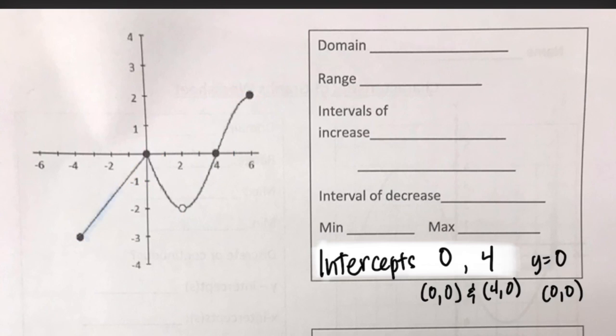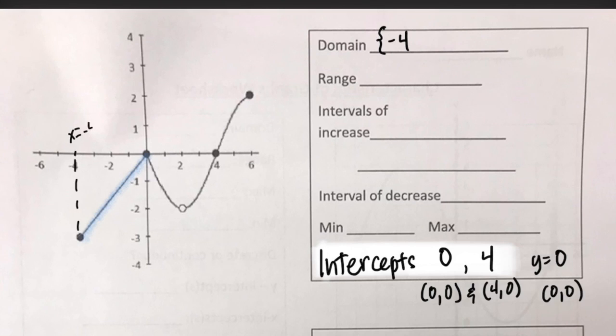Next, I'm going to try to identify the domain, and the domain, again, is all the x values that are used by this graph. What I notice is that my x values start with -4. If you notice, that lower part is your -4, and then it goes all the way up. So I'm going to start my domain at -4.